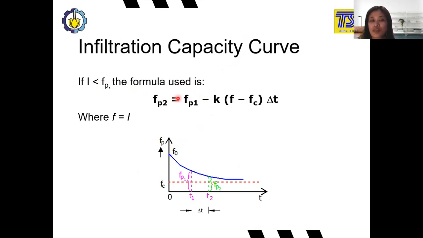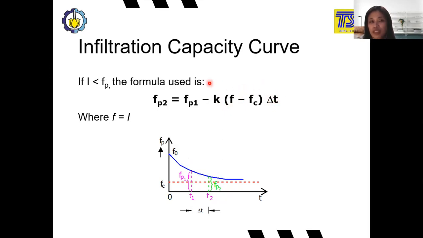For this formula, the infiltration will be equal to the rainfall, so the equation will be different from the previous one. Here we have the Fp1 and here we have the Fp2. How to calculate Fp2 is by calculating Fp1 minus k times the integral of i minus fc times dt.